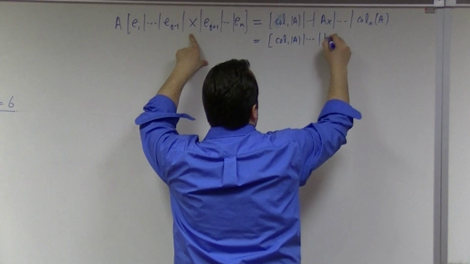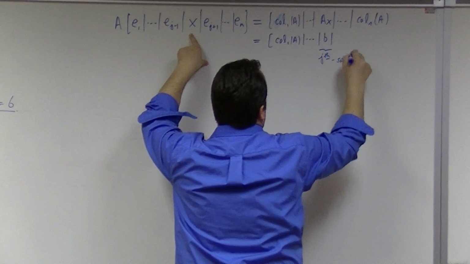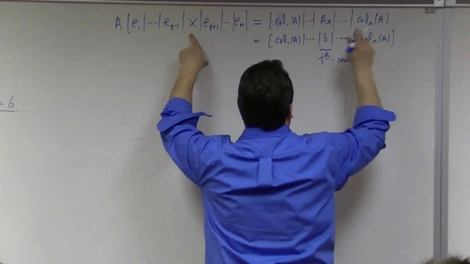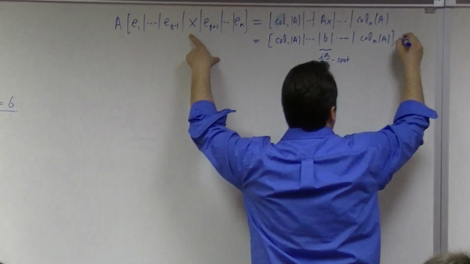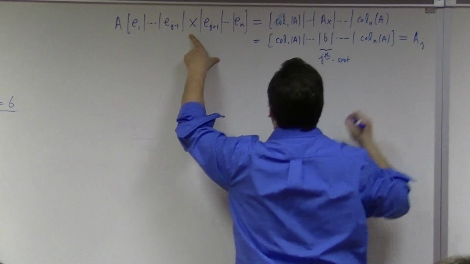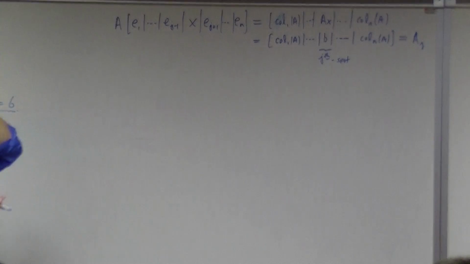This is B, right? So what I have on the right-hand side is, by our definition, precisely A sub j. So if X is a solution, then I have this identity for the solution. You guys see that?